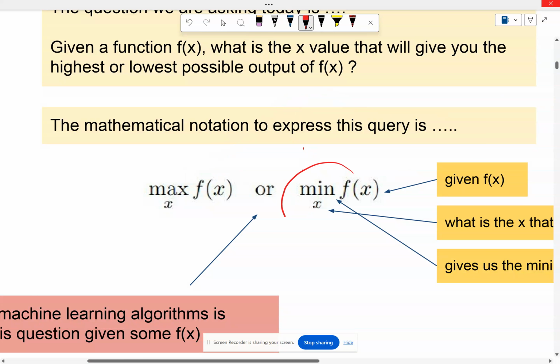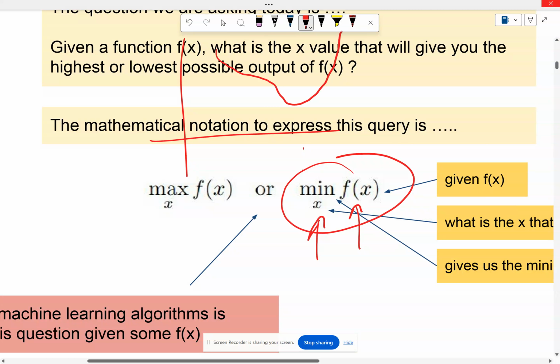Conversely, this notation is saying that we're trying to find the x where the function f is minimized. For a function that looks something like this, you can see the minimum, and therefore you're trying to find this x location very specifically. Remember, very often with functions we're trying to push something higher or lower, like our cancer rate.